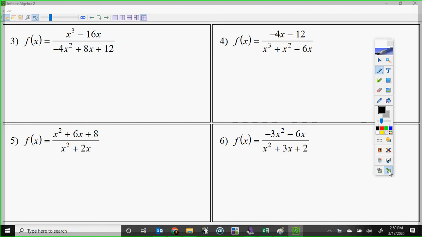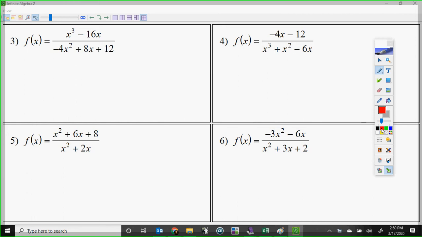You'll see that that's actually helpful because a lot of the work you do for one is exactly the same steps you do for the others. Especially finding holes, everything you do to find the holes will actually set you up to find everything else. That'll make more sense in just a second. So we're going to look at these 4 problems, 3, 4, 5, and 6, because they each have all the different parts to them that we're going to need.